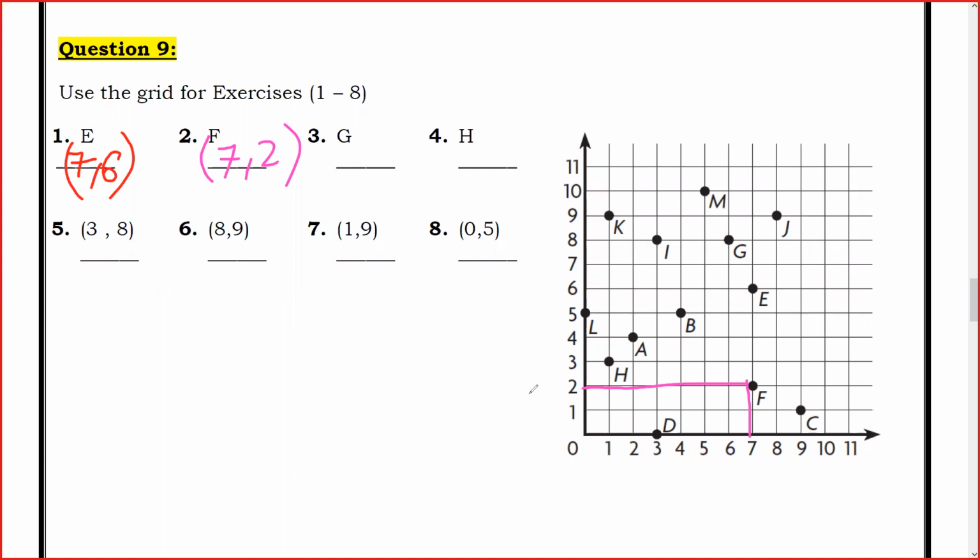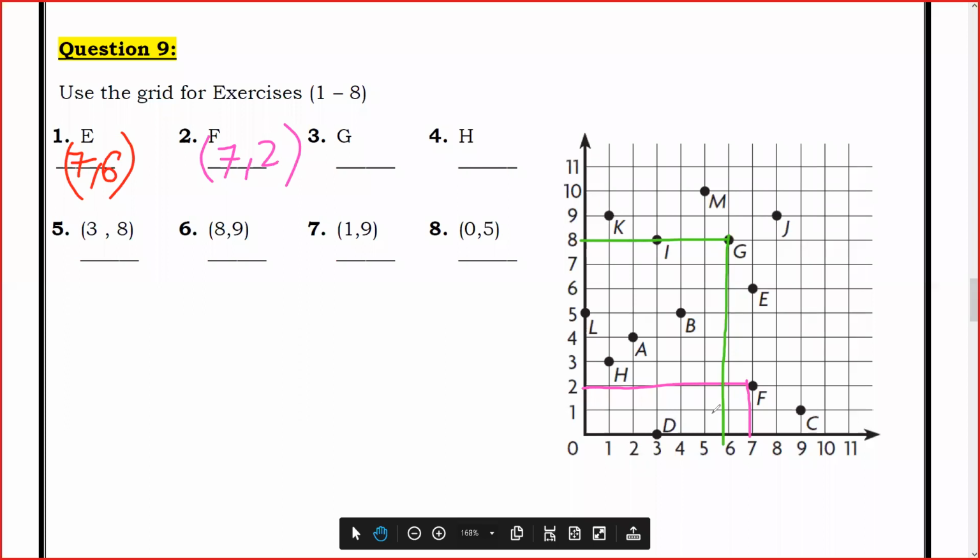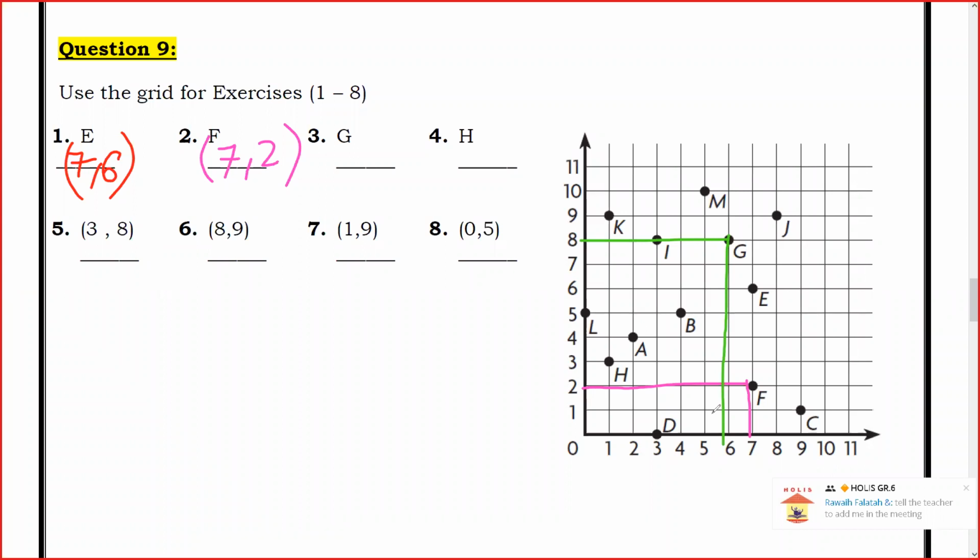Now let's choose Sarah. Yes, Sarah. What is the coordinate of point G? This is G. No, be careful. The X is, what is the point at X here? It's 6.